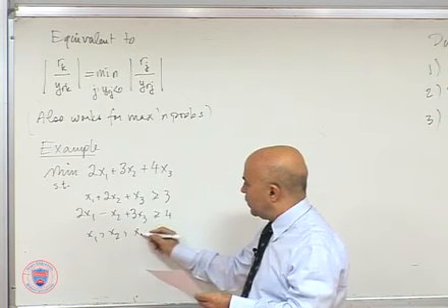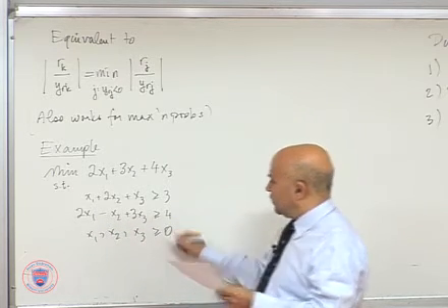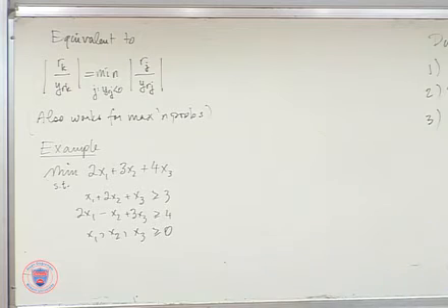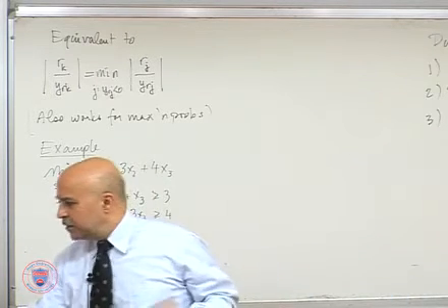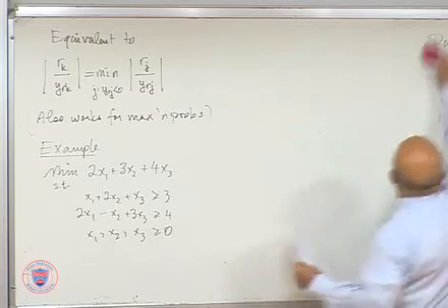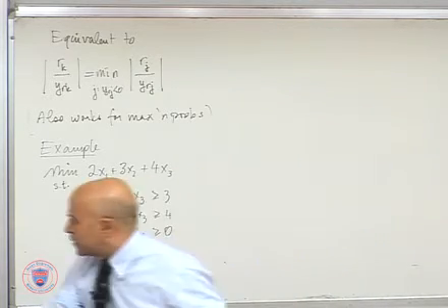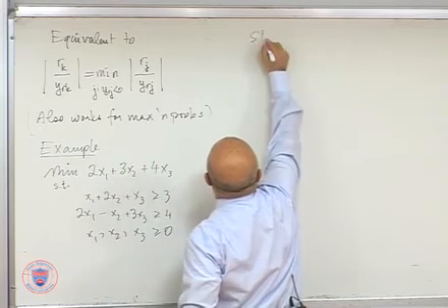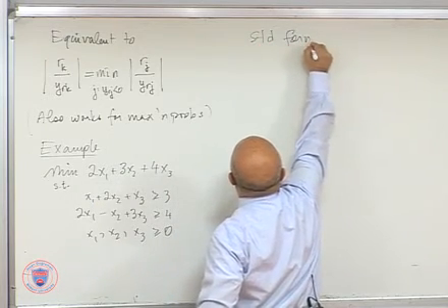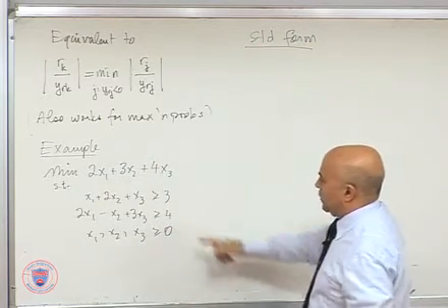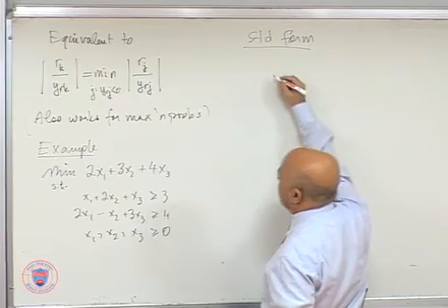Canonical form, minimization. Okay? Except that we'll change it into a standard form. So, if you look at the standard form, we just subtract surplus variables from both constraints.